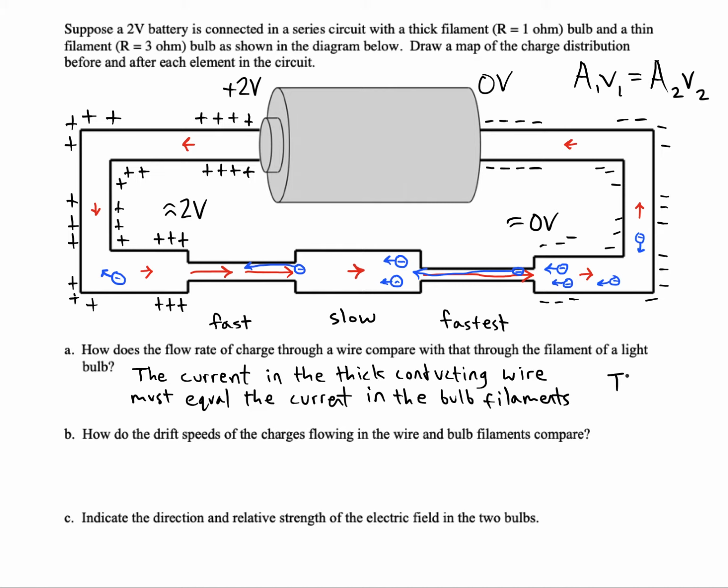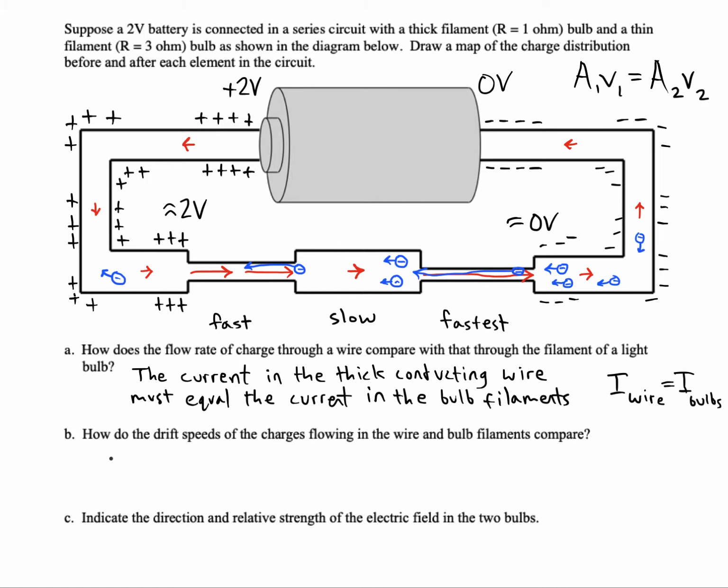So the I of the wire has to equal the I of the bulbs. How do the drift speeds of the electrons compare when they're flowing in the wire versus in the bulb filaments?